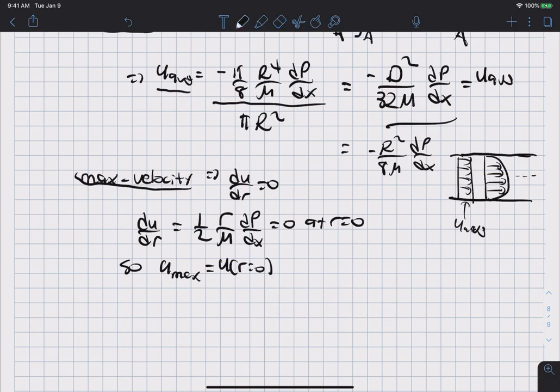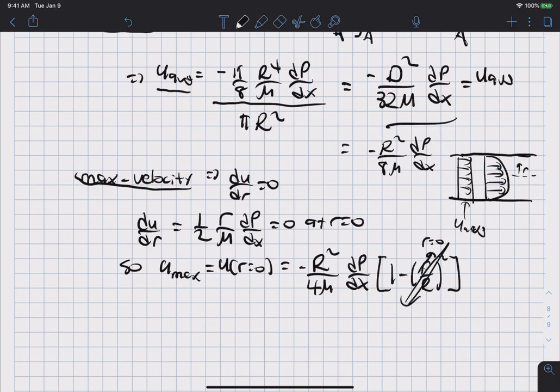Because remember, this is a tube, and we're measuring r from the center line of the tube right here, and so that equals minus R squared over 4 mu dp/dx times 1 minus r over cap R squared, and small r is equal to 0, so this term goes bye-bye, and that equals minus R squared over 4 mu dp/dx.